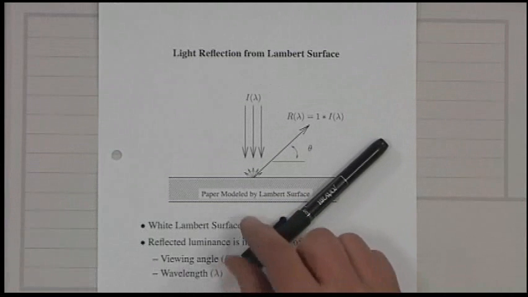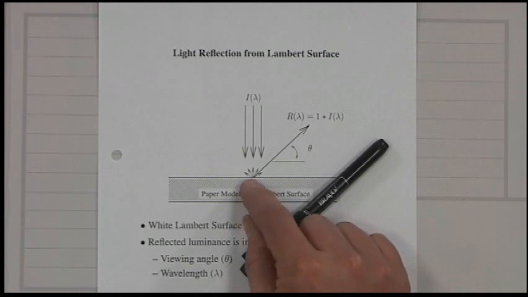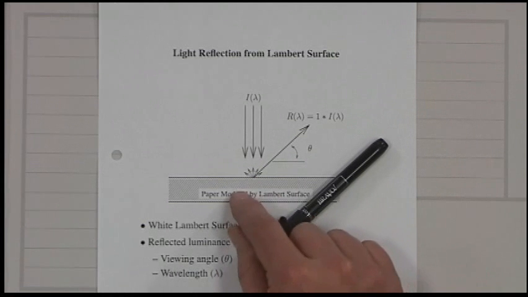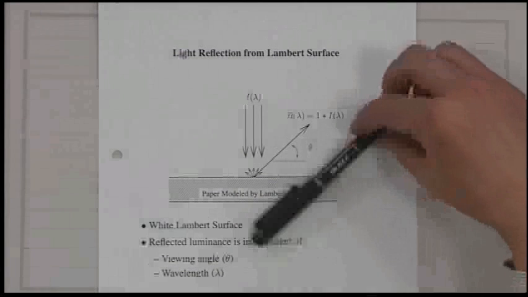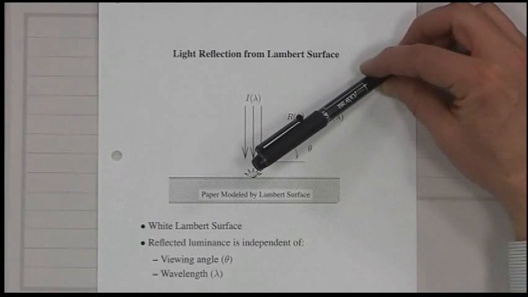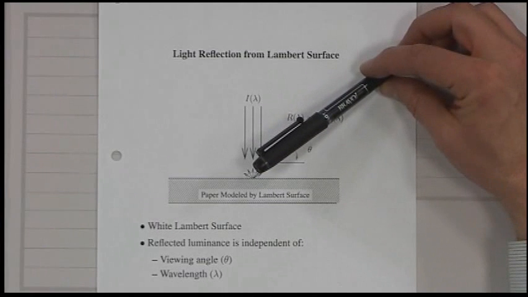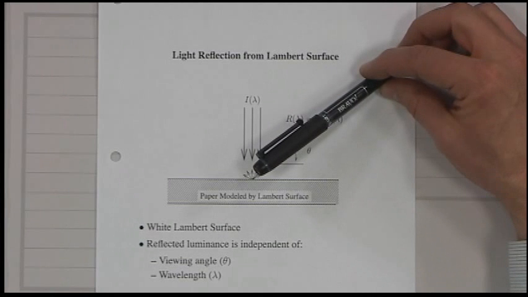Well, you can show that if a lot of scatter events occur at the surface and the light is not absorbed, it just bounces around. When it comes out, the intensity of the light is going to be proportional to a cosine.